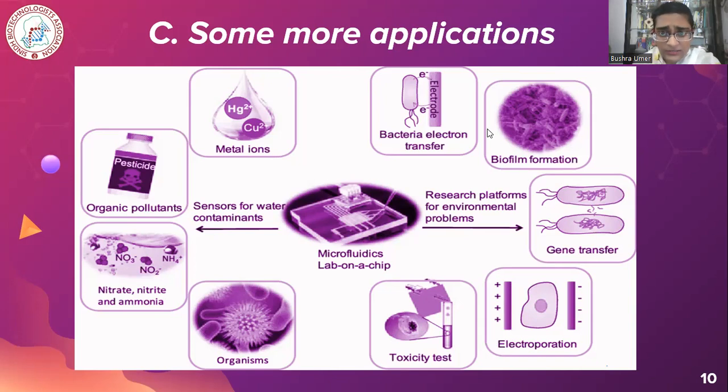And we can also use pressure and other means like electric potential, voltage, and magnetic field for the separation of charges, like bacterial electrode transfer, gene transfer, and different charge generations, to study the different behaviors of bacteria. And biofilm formation is one of those fascinating applications.